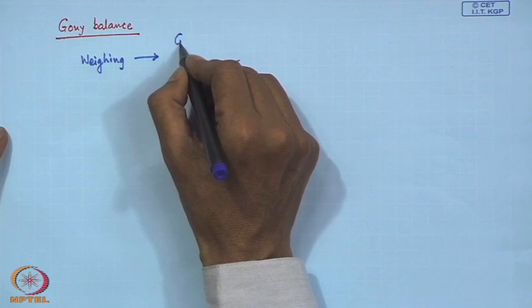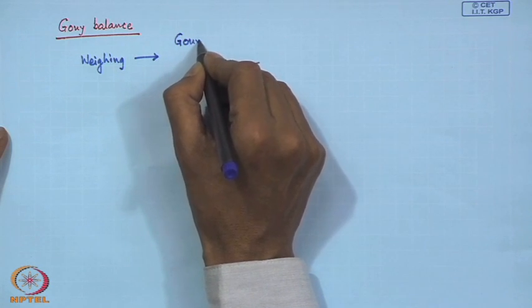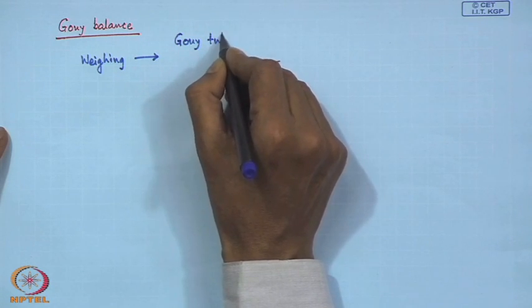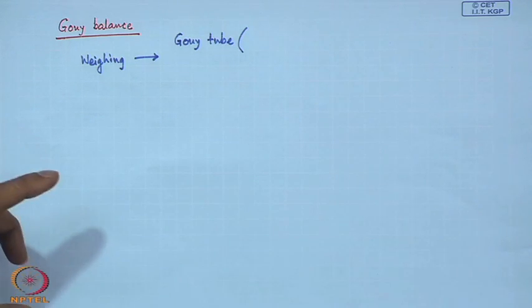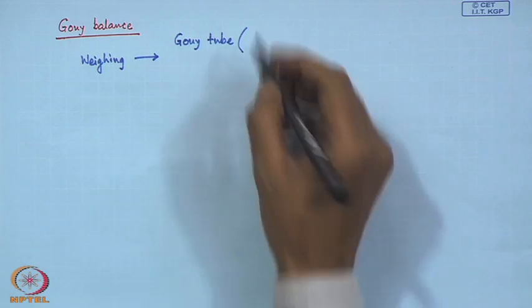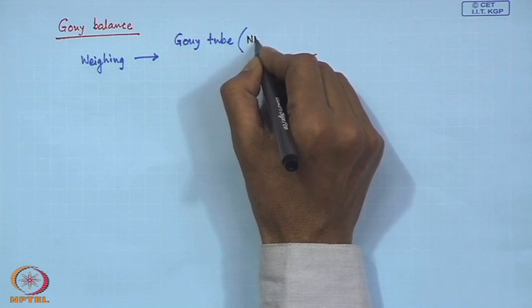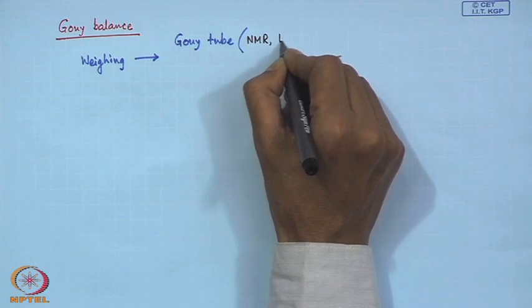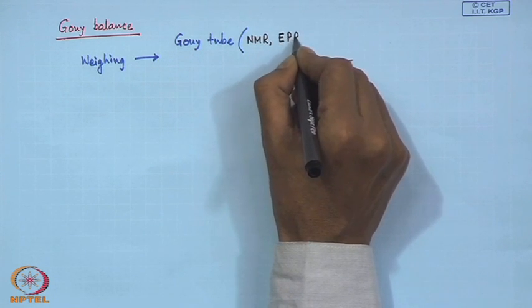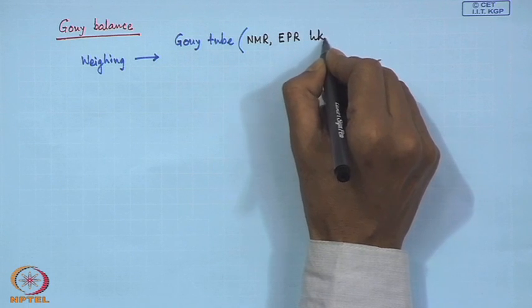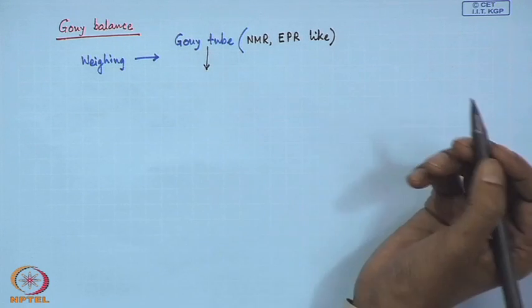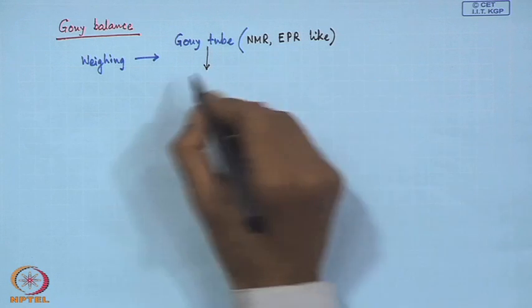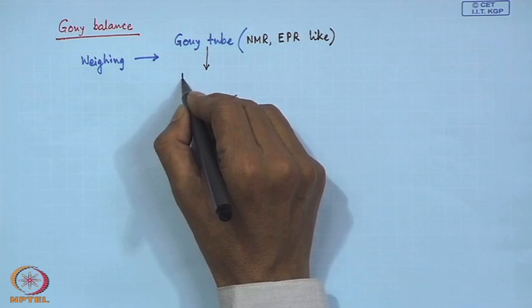We can have a very small Gouy tube, which is very similar to the tubes we use for NMR measurements and EPR measurements. This Gouy tube is initially empty.